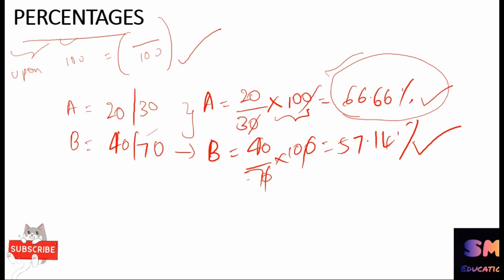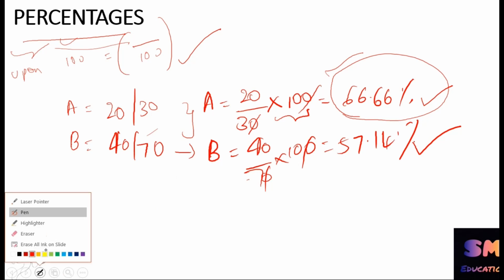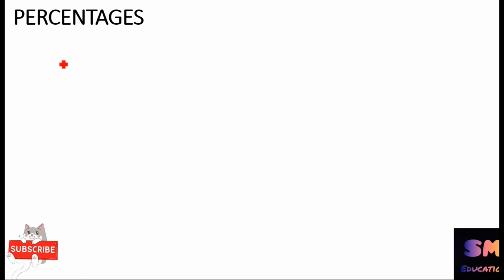So in this way, in order to compare data, we have to use percentage, and percentage plays a vital role in competitive examinations. There is another concept known as percentage change.